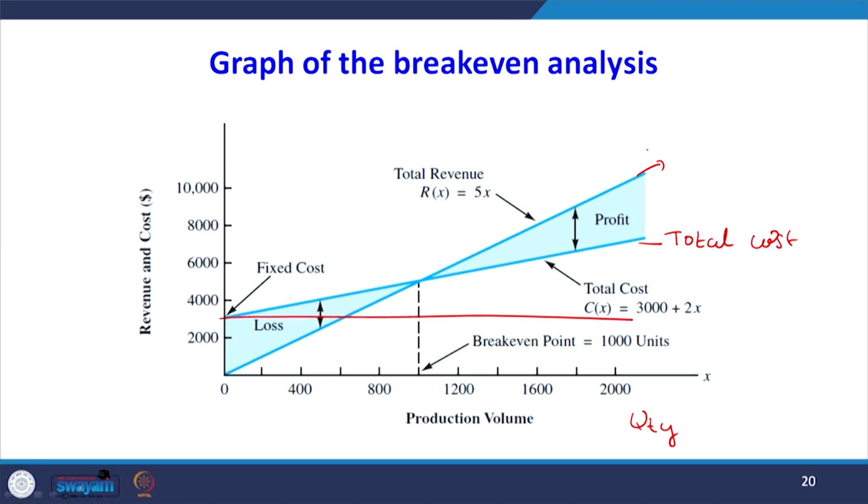If you equate that profit function equal to 0, you will get this 1000 units. This point is called your break even point. So, what we are understanding is, beyond this 1000 units we will start making profit. Below this 1000 units you will be incurring loss.